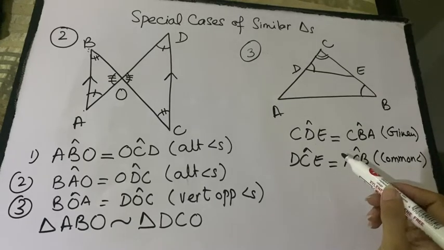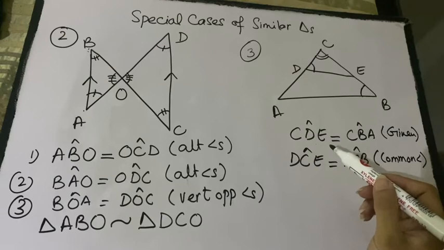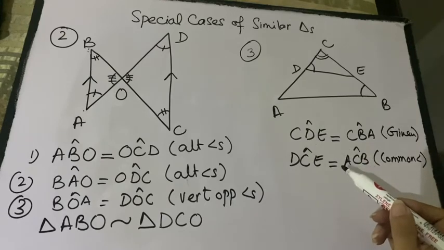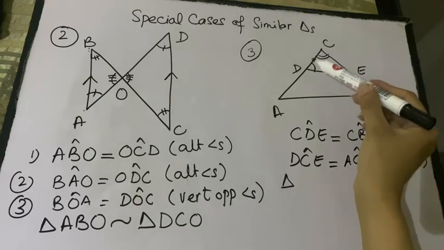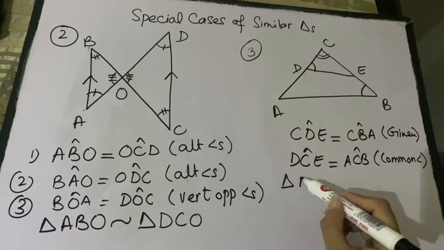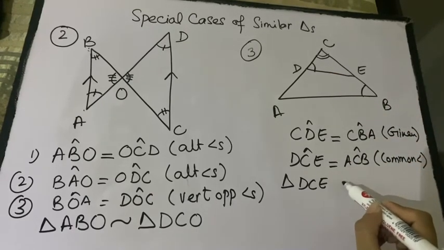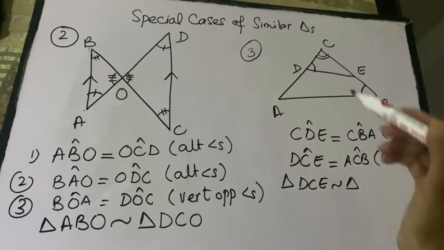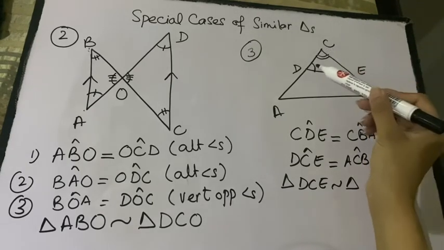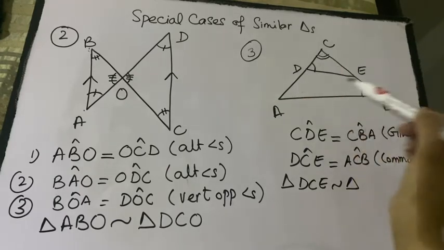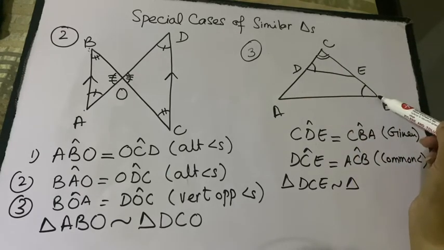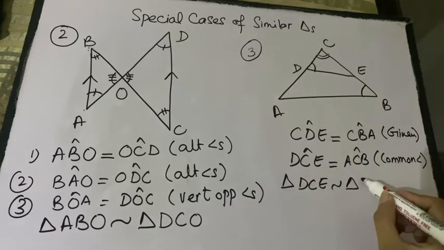So this was the requirement to prove similarity, that if two angles in two triangles are equal, then you can say that triangle DCE is similar to triangle BCA. Single, double, unknown: this order will be BCA.